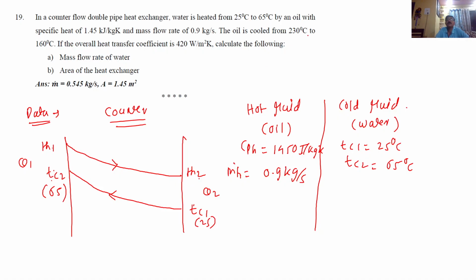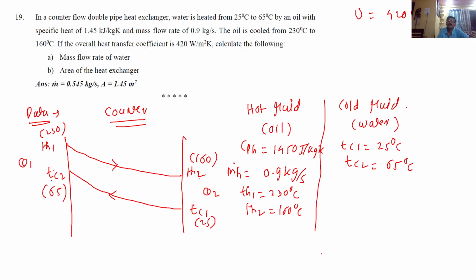The oil is cooled from 230, so Th1 is 230, to 160, so Th2 is 160 degrees Celsius. The overall heat transfer coefficient U has nothing to do with hot and cold fluid, so it is common data. U is 420 watt per meter square Kelvin.